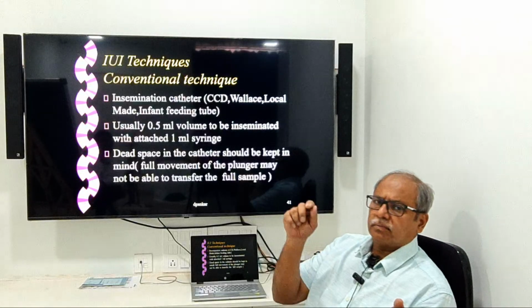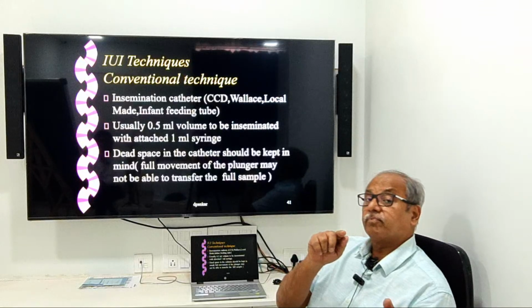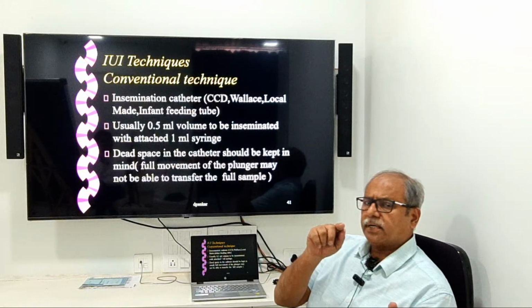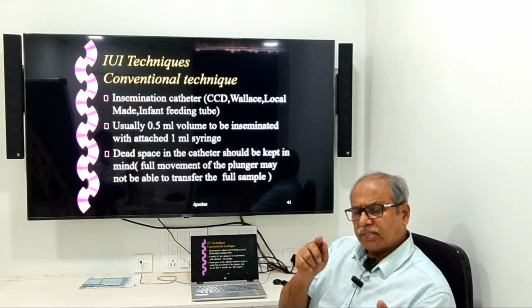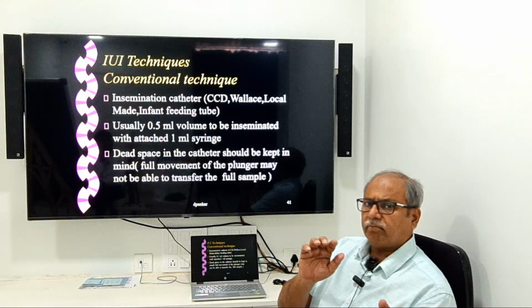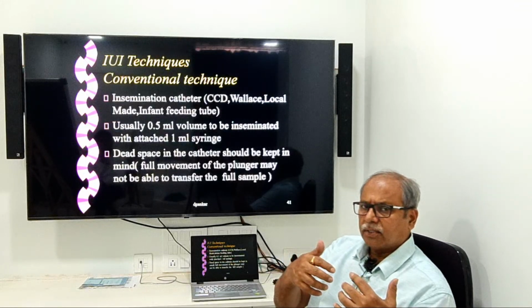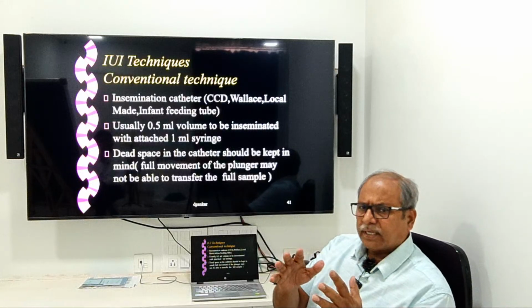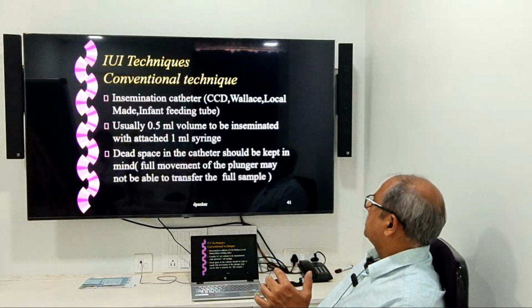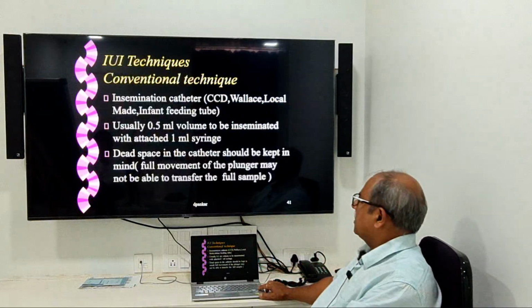You should fill that air space before entering the uterine cavity, so that only the prepared semen sample is deposited into the uterus. If you put too much air inside, this air will displace the sperm sample and it will come out. These things are very simple, but have to be taken care of. Dead space in the catheter should be kept in mind.